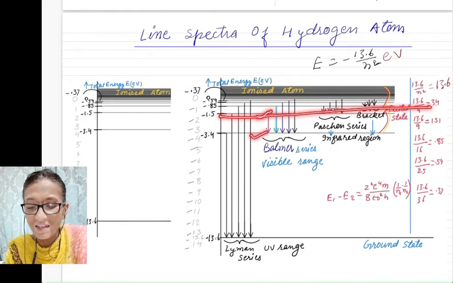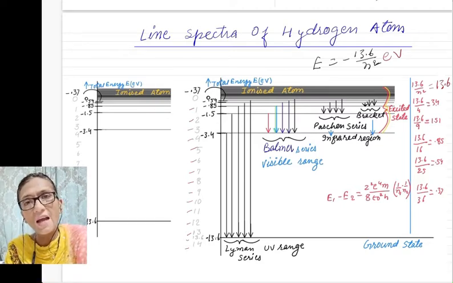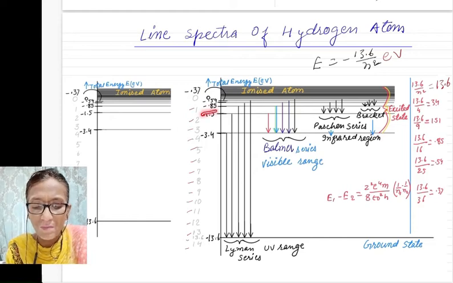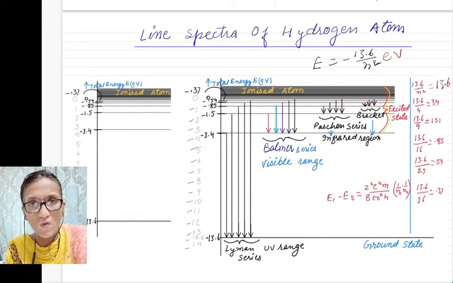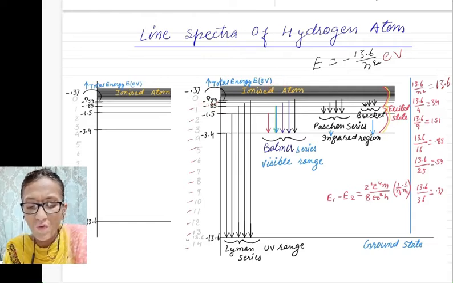Electron can have this energy or this ground state energy. Similarly, when you put n is equal to 4, you have minus 1.8 energy level in electron volt. When you put n is equal to 5, you have minus 0.54 electron volt energy.